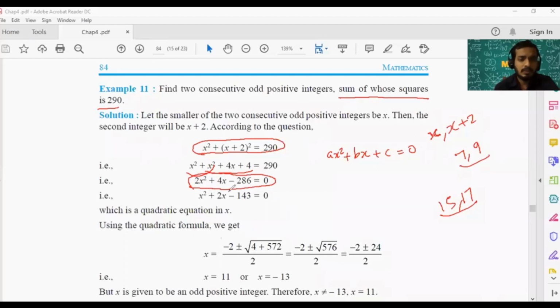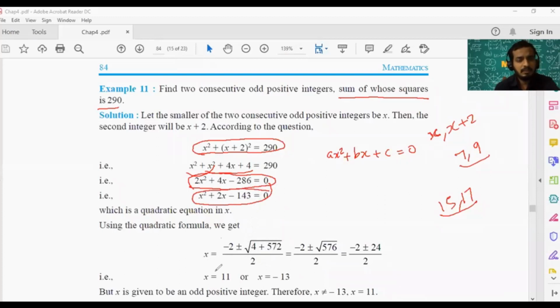But here you look, every term is a multiple of 2. The coefficients are multiples of 2, so you can reduce this equation. You can divide the entire equation, every term, by 2. So what will you get? 2x square by 2 is x square, 4x by 2 is 2x, and minus 286 by 2 will be minus 143. So from this quadratic equation, you can identify a, b and c.